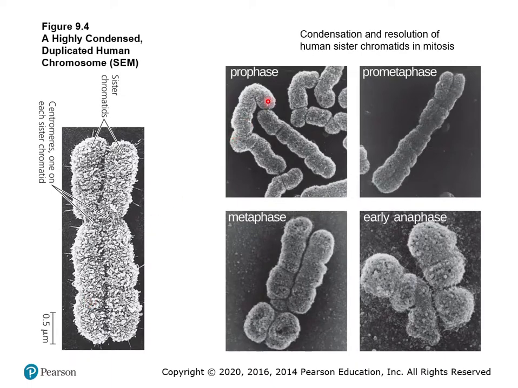And here, as we move through the phases of mitosis, prophase, metaphase, anaphase, you can see how the chromosomes become even more condensed and that you have this separation. You can start seeing here in anaphase the separation of the cohesion fibers that hold the two sister chromatids together, where they'll be pulled to opposite poles, the sister chromatids.